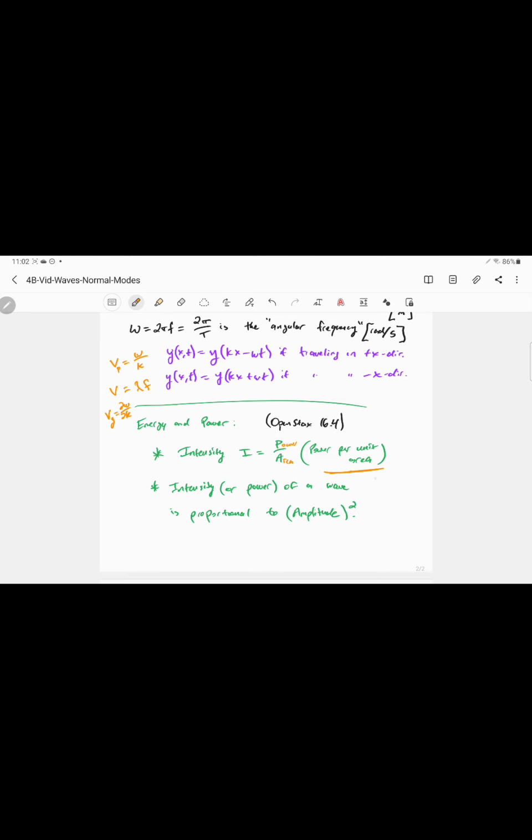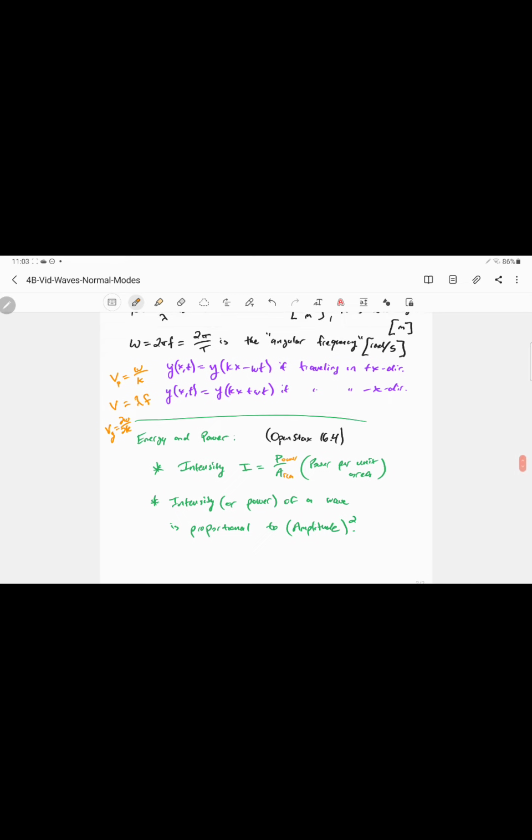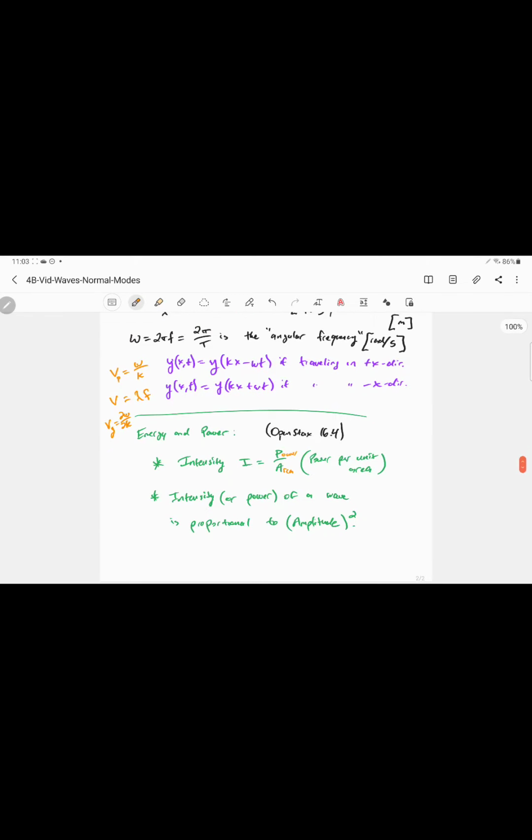We're going to talk more about this when we talk about sound waves. But the reason we're introducing it already in this chapter is this fact right here: the intensity or power of a wave is proportional to the amplitude squared. So this tells us how much energy is in the wave.